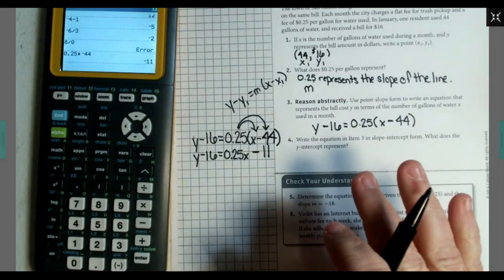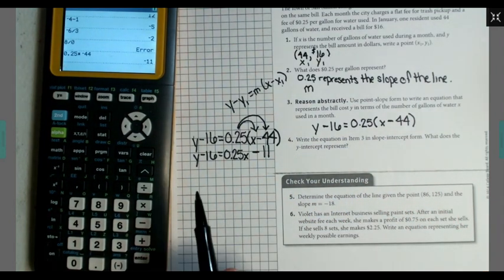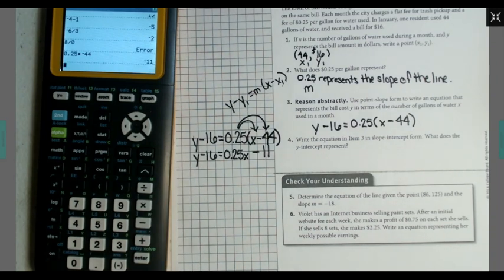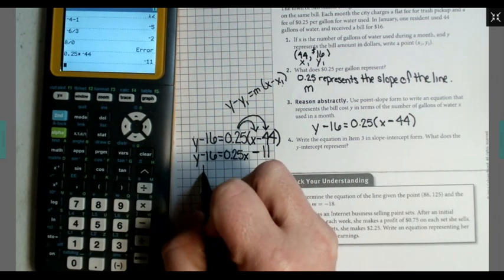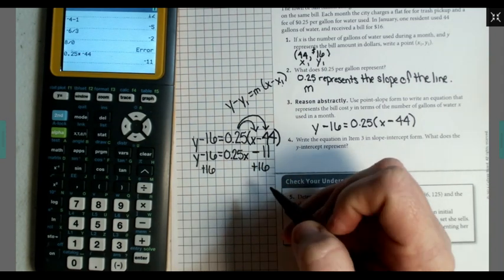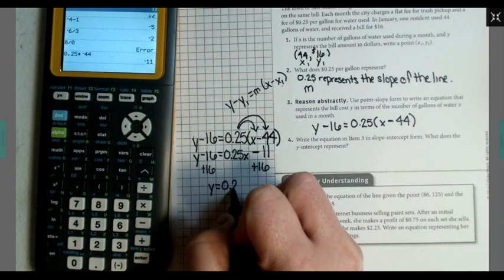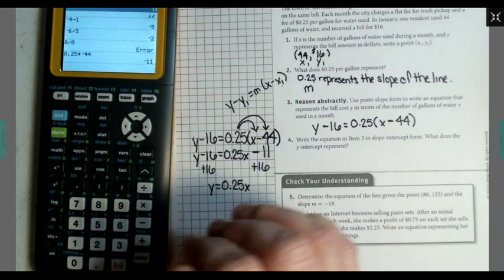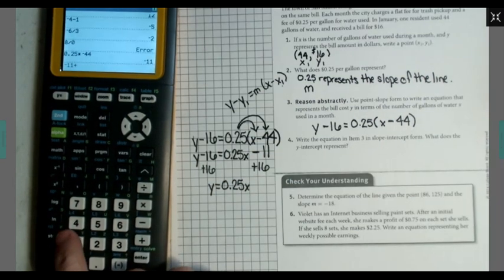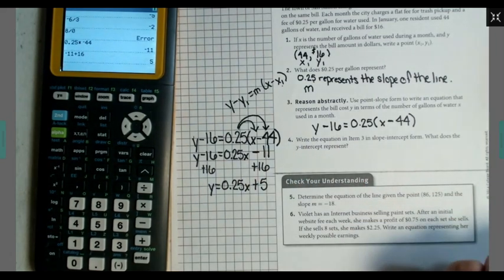Now, I'm ultimately trying to solve for y. What would I do from here to get y by itself? Yes, we're going to add 16 to both sides. So y equals 0.25x. We've got negative 11 plus 16 gives me a positive 5.